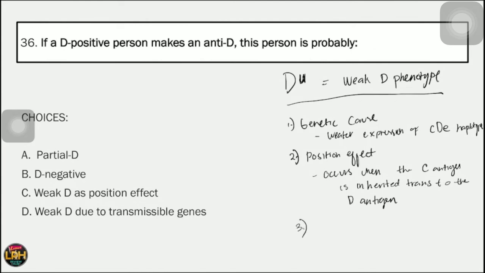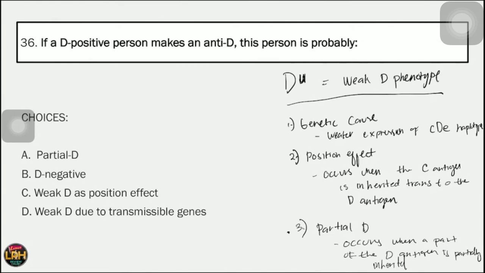For number 3, we have the partial D mechanism. In this mechanism, it occurs when only a part of the D antigen is inherited. This is commonly seen among the partial D mechanism of the weak D phenomenon.